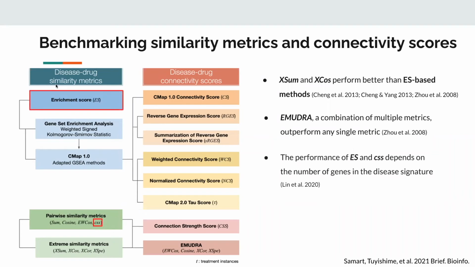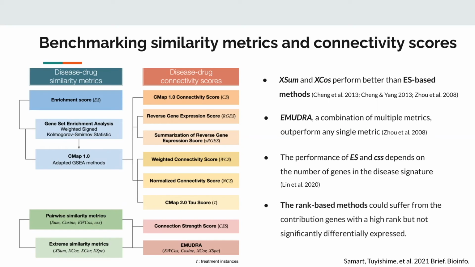Another study found that the performance of the enrichment score and the connection strength score, CSS, depends on the number of genes in the disease signature. And the rank-based methods could suffer from genes with high rank but not substantially differentially expressed.